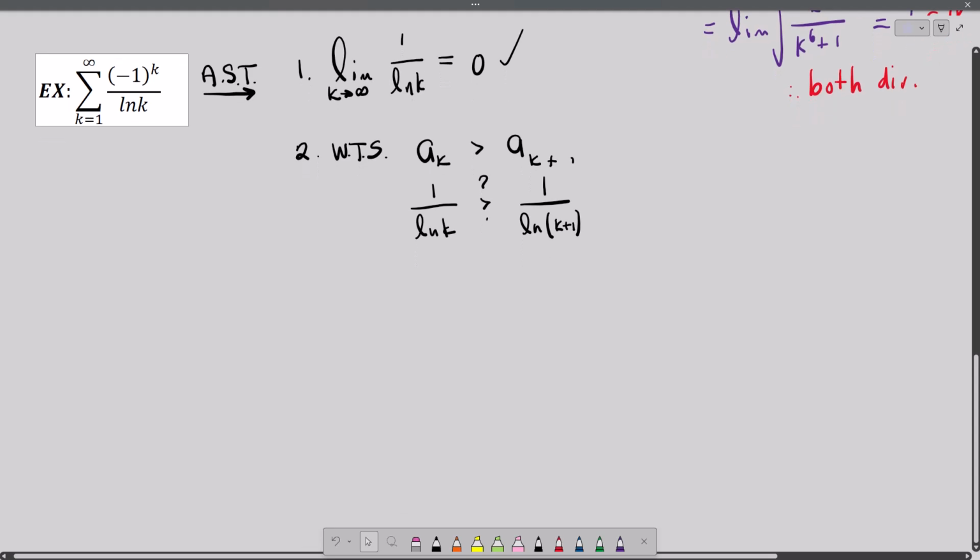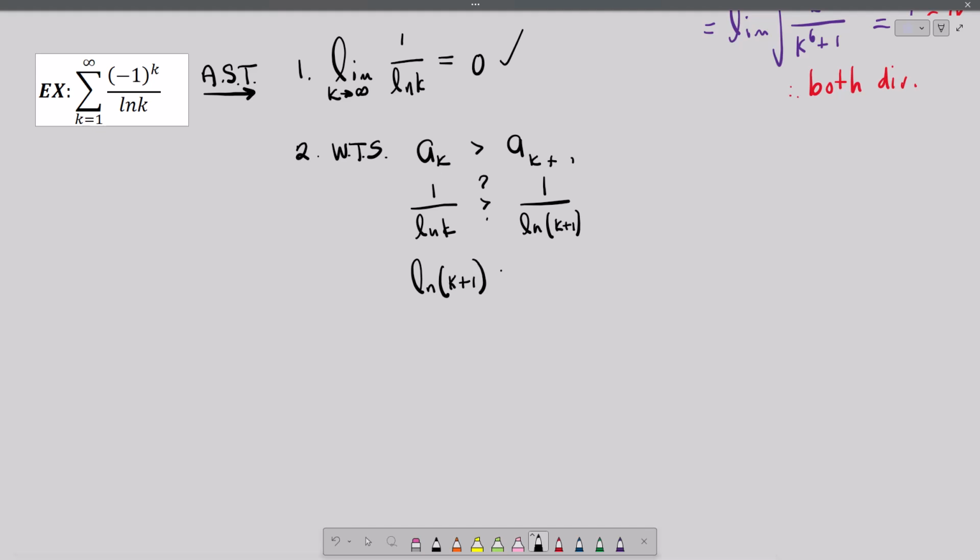Cross multiply. And then what's our next step? Yeah, we're going to exponentiate. So when you exponentiate both sides, you get what you said.